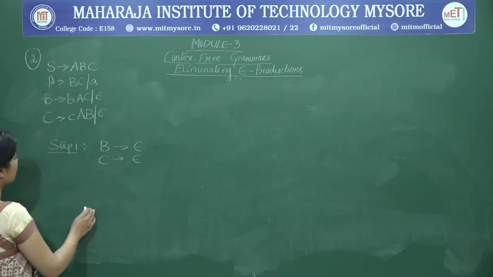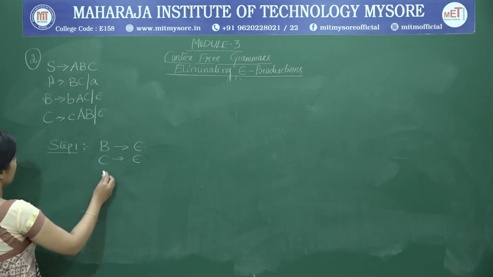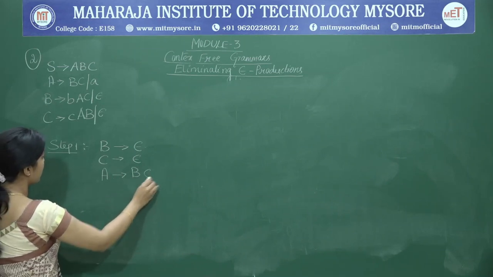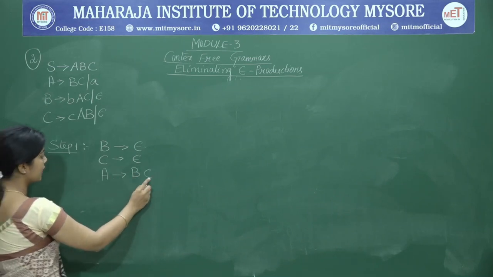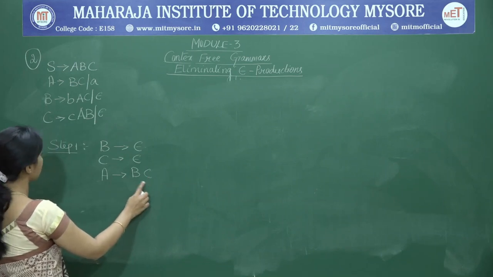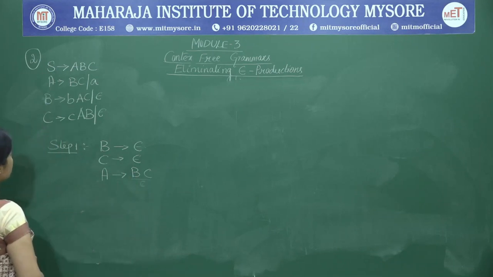So we will see if there are more that can be nullable. So next we have A goes to BC. B is already nullable and C is already nullable. So therefore A is also a nullable variable that can be directly substituted with epsilon in place of BC.